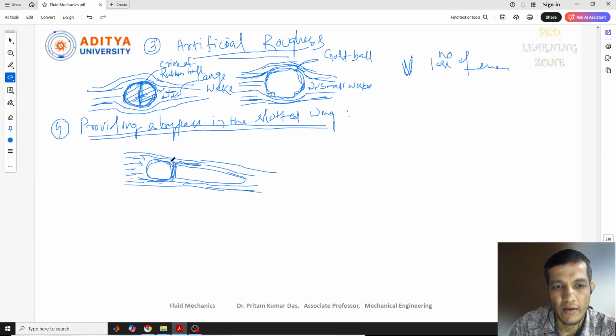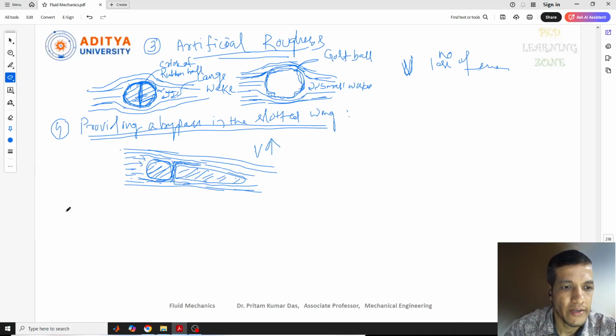Similarly, if it comes in this direction or that direction, there is no problem. So by providing the bypass slot in the wing, we can get more velocity in the fluid, and there will be no wakes formed here. So the velocity will be increased at this point.